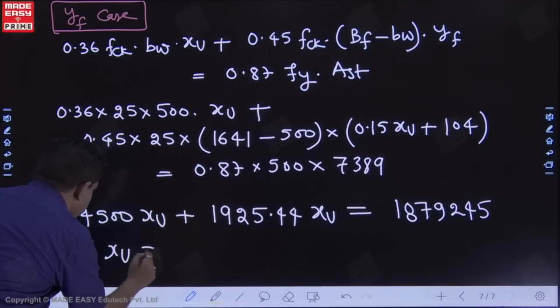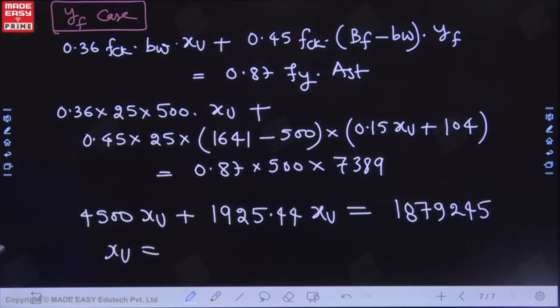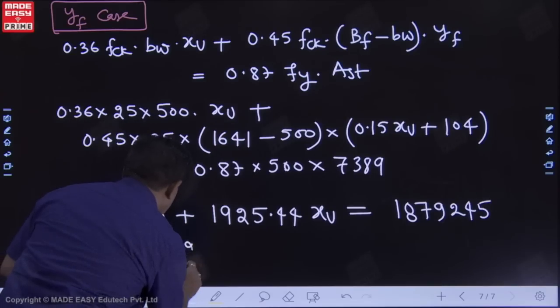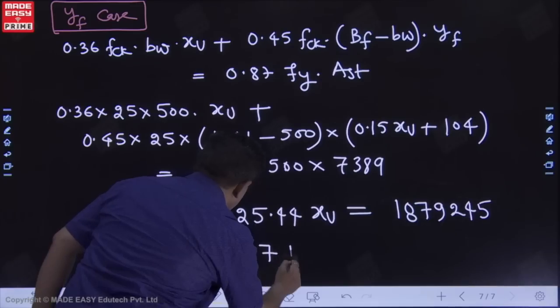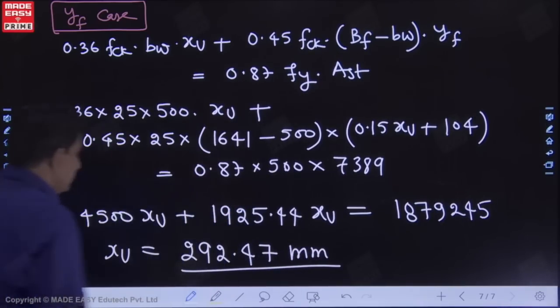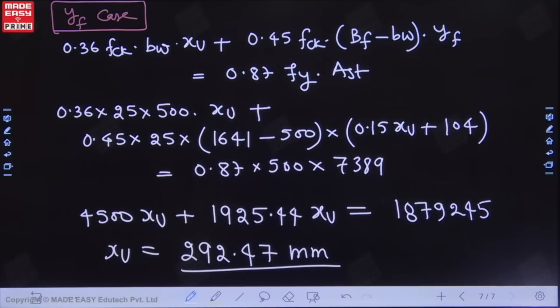Solve. XU is equal to this value divided by 4500 plus 1925.4. The value I am getting is 292.47 mm. Okay, 292.47 mm. This is the value that we have got.